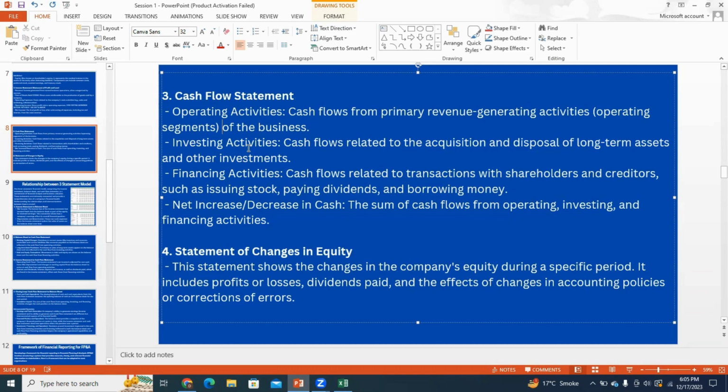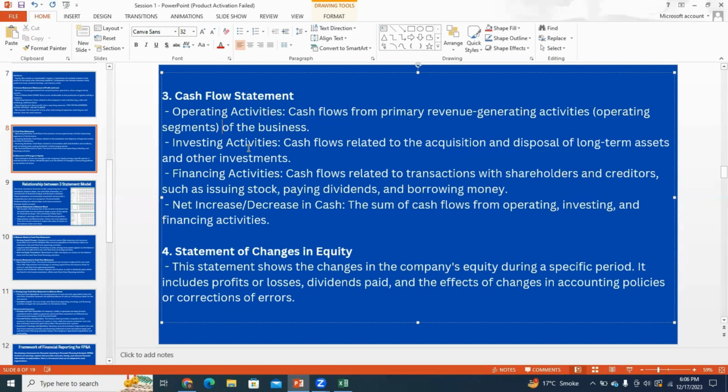There is a big debate, but there is no restriction. We can show the dividends paid under different headings, operating activities as well as financing activities. IFRS suggests we show it under the financing activities, but US GAAP shows that it should come under the operating activities. So there is a difference.